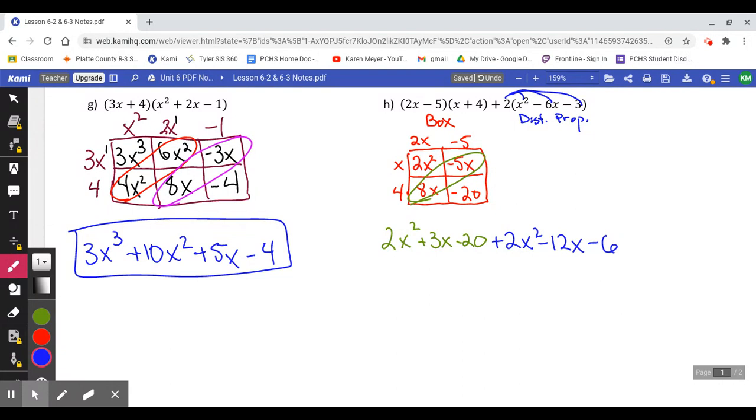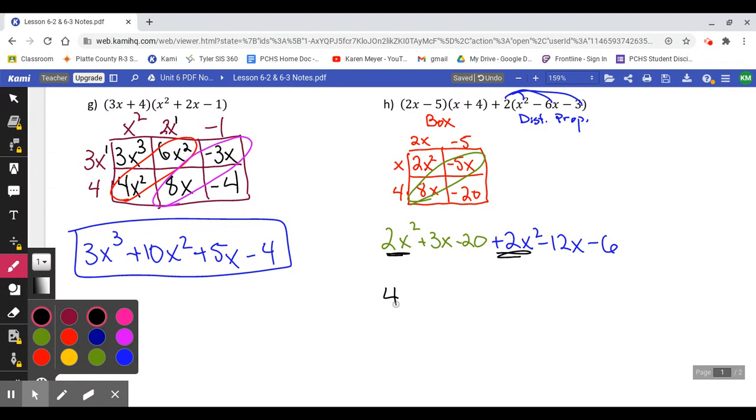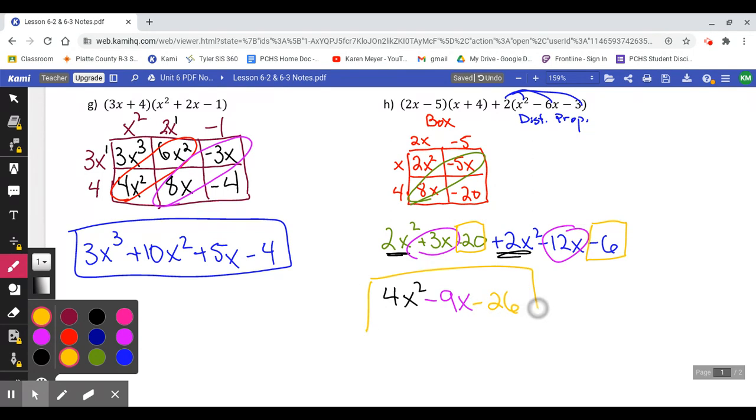Now we can go ahead and combine like terms from here. So 2x squared plus 2x squared is 4x squared. And 3x minus 12x is negative 9x. And negative 20 minus 6 is negative 26. And you're done.